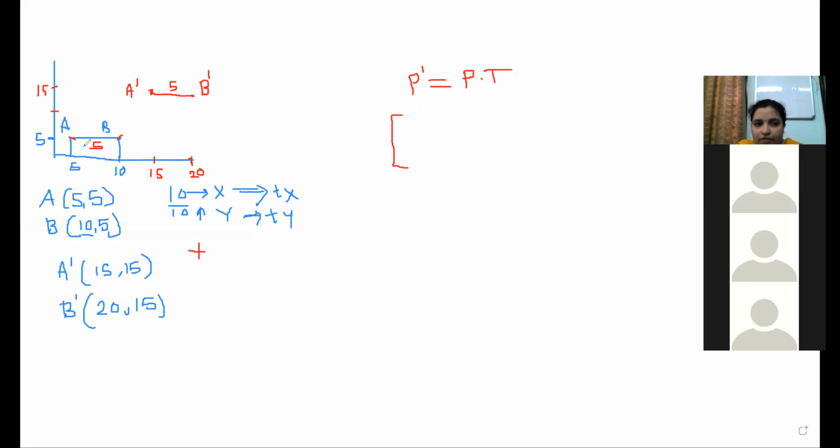ओके, सो आय विल से दॅट for one point or for both the points rather we can say that. So this is your xy.